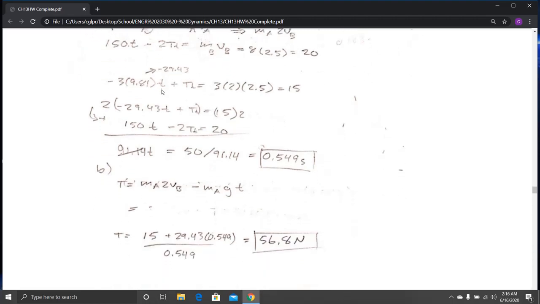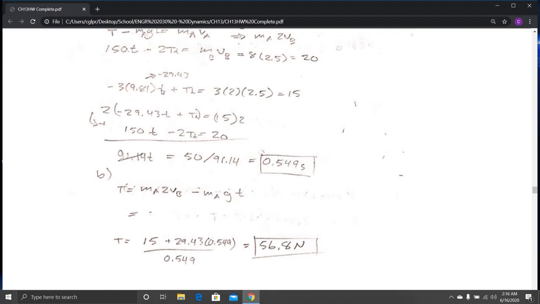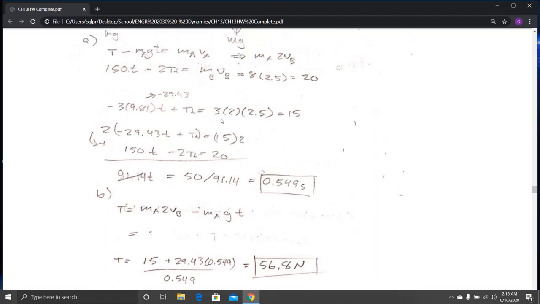So I end up with negative 29.43 T plus the tension is equal to 15, and I also have what I already found earlier right here. I'm able to solve for both equations simultaneously. Essentially, what I'm doing is I'm adding the time to time, the tension to tension, and the constant to the constant.